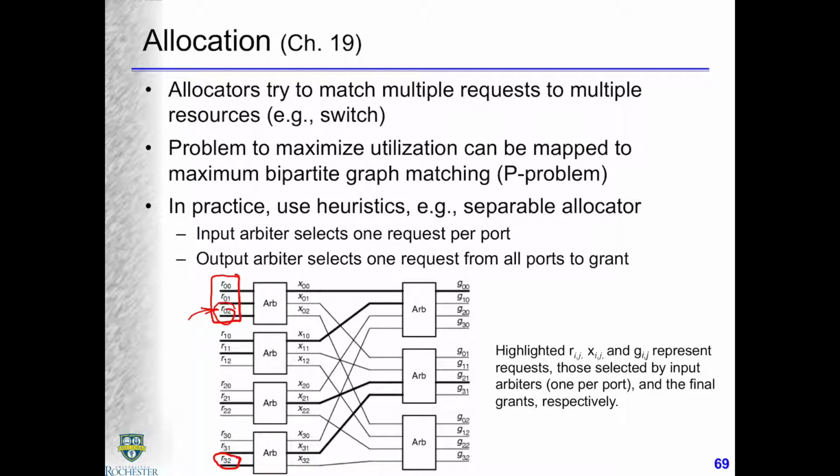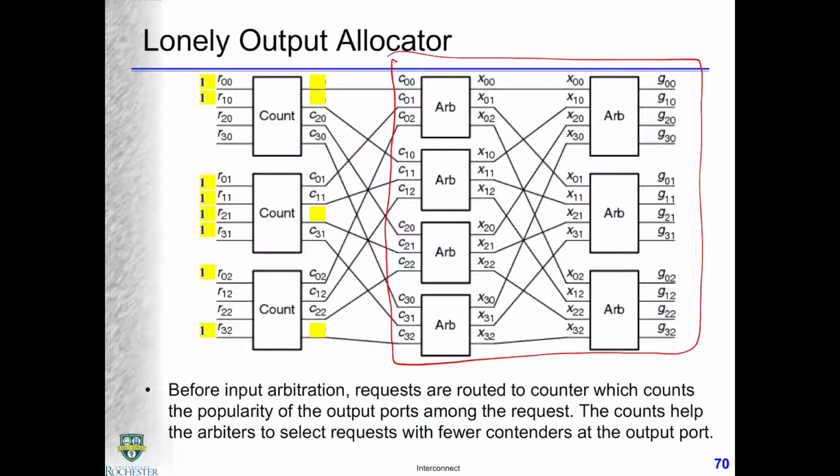We take every input port's number 2 output port 2 going request, and we collect them together here. So we put all the requests to the same destination into one big counter.